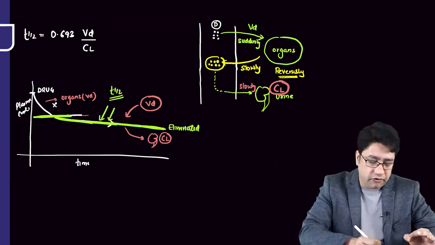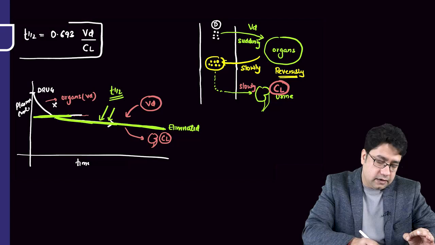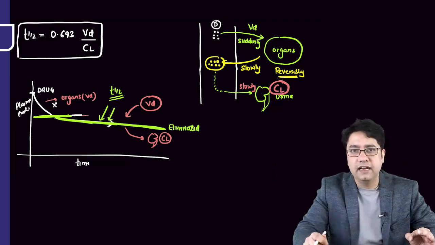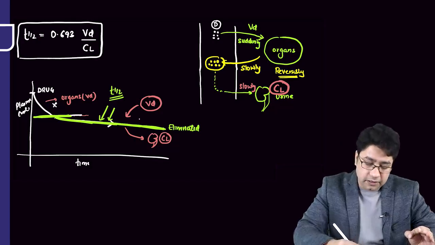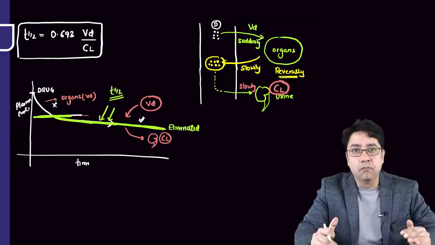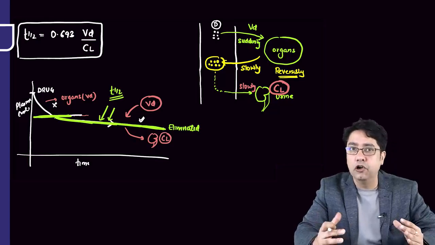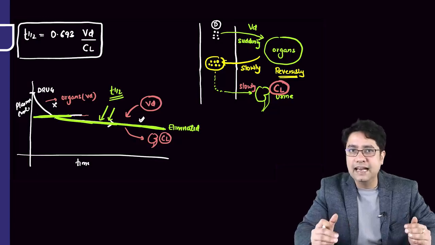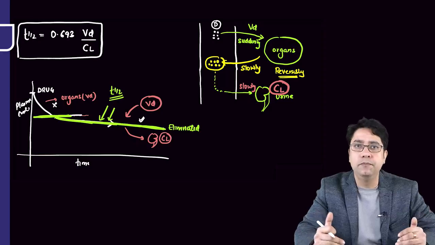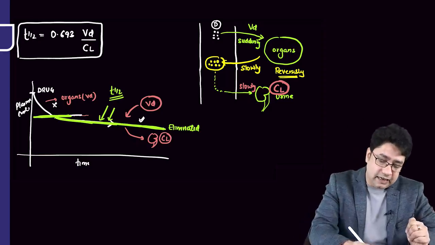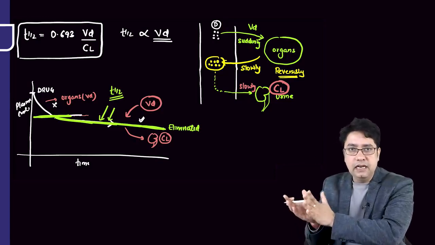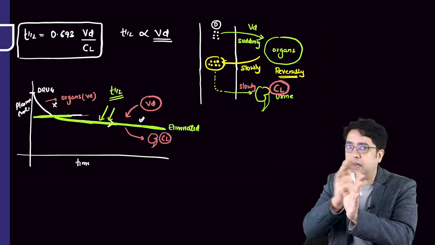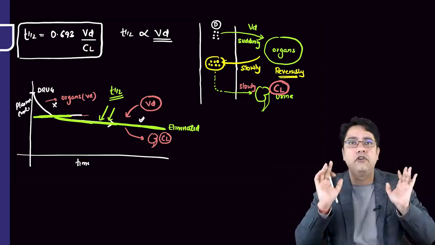So see the formula again. Can we say if a drug has high volume of distribution, more drug will come into the plasma, and more drug will remain in the plasma for a longer duration of time? Hence, the drug will take more time to become half. That is why half-life of a drug is directly proportional to Vd. If a drug is more distributed, it will be coming into the plasma, and the plasma concentration will not fall.